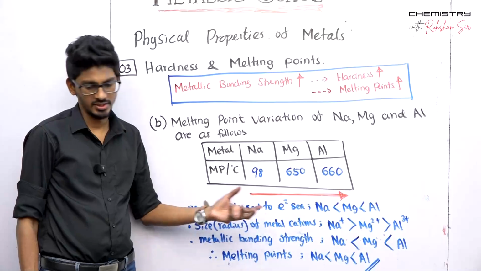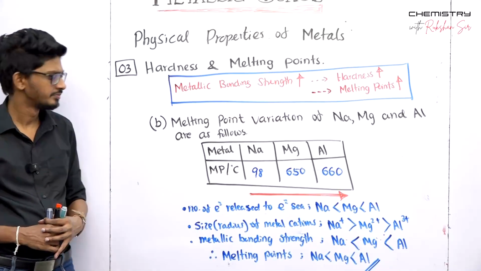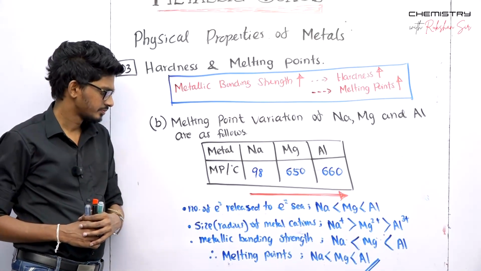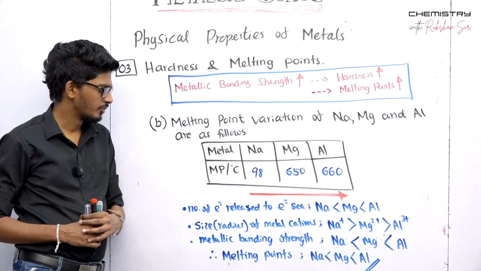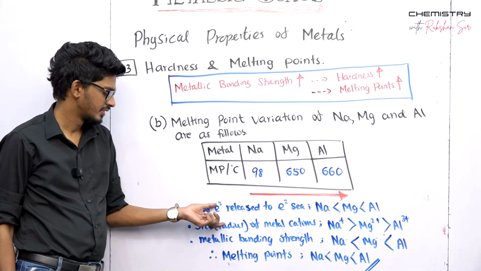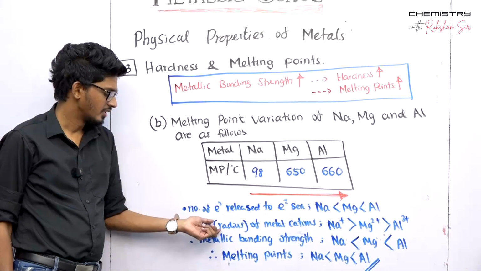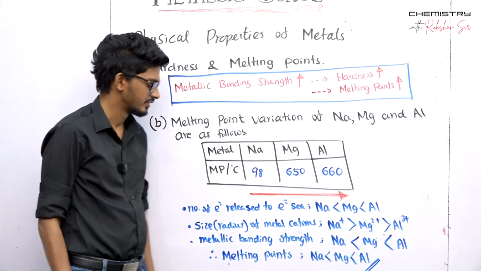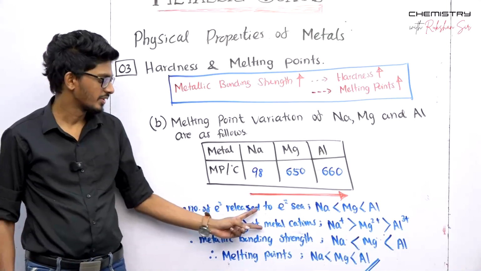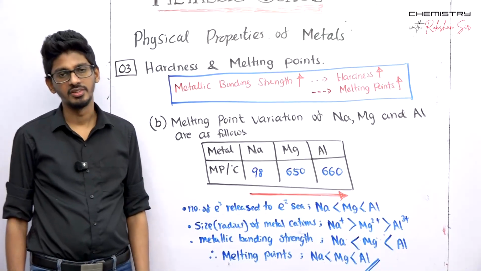So you can complete the note here. For metallic bonding, the two major facts we have to think of are the number of electrons released to the electron sea, and the radius or size of the metal cation. Those are the two major facts which govern the metallic bonding strength.